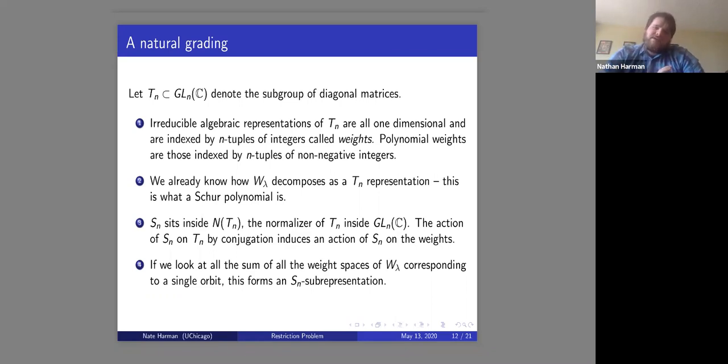So the point is, this torus is giving us a kind of multi-grading of our representation, and Sn preserves that up to this permutation, which is relatively well understood. So this gives us another way of breaking down W lambda further to better get at what it is as a symmetric group representation.